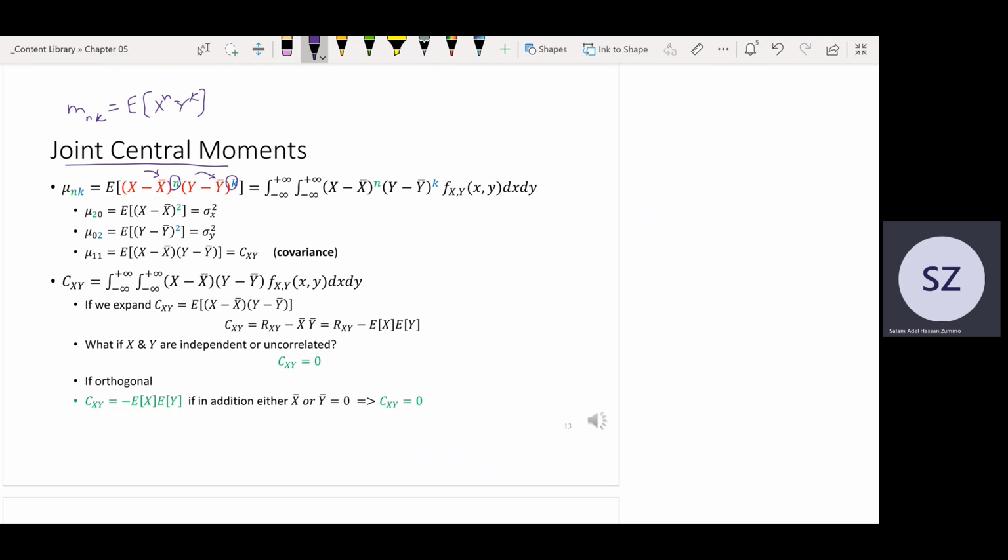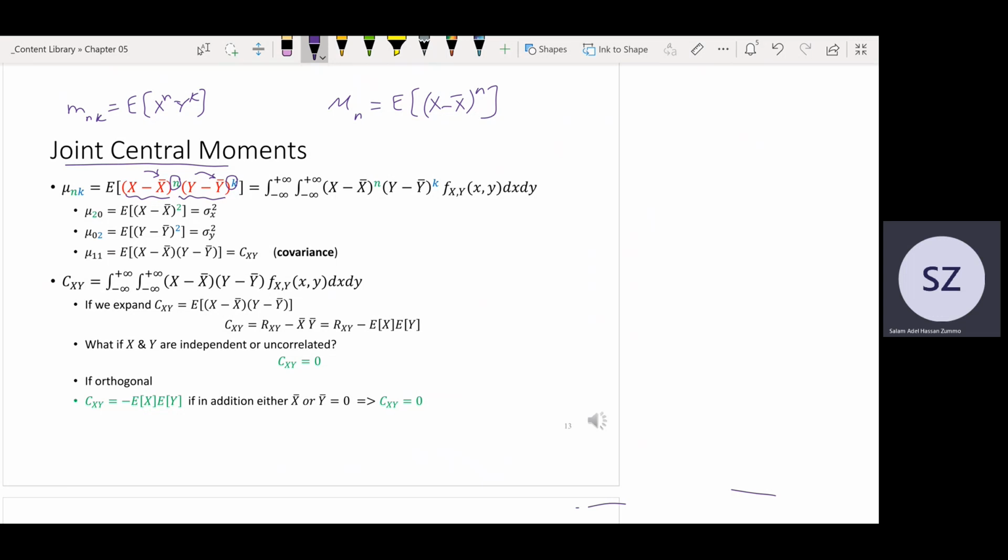We defined the central moment for x as mu n, which is equal to the expected value of x minus x mean to the power n. This was the nth central moment for x. Here now we have x and y, so mu n k is the expected value of x minus x mean to the power n, multiplied by y minus y mean to the power k. This is one of the central moments.